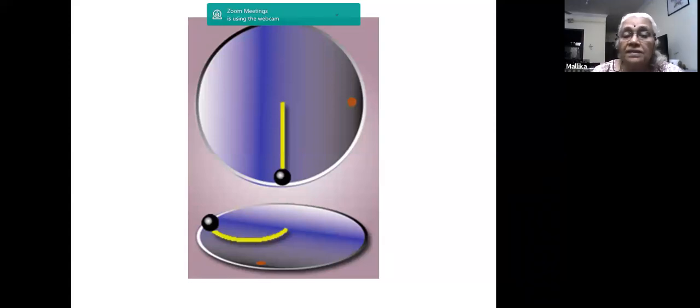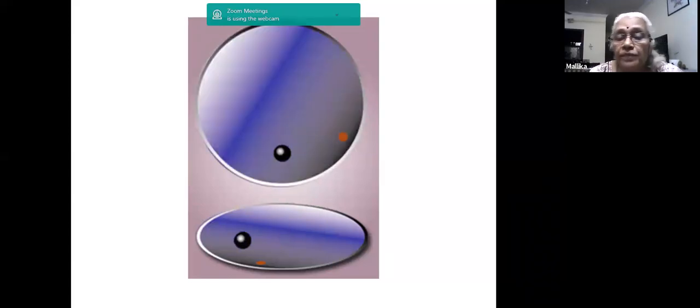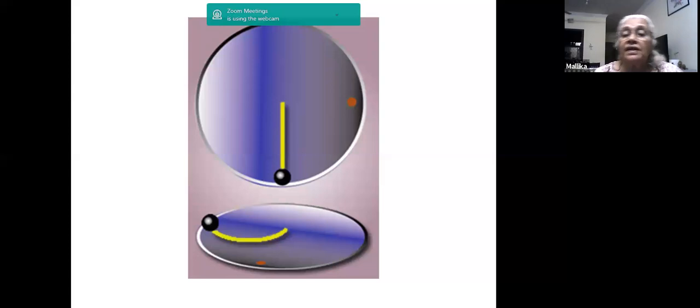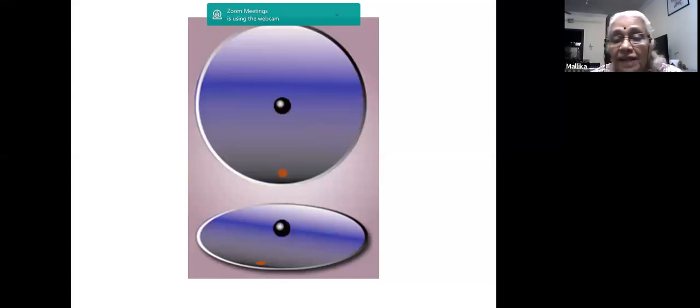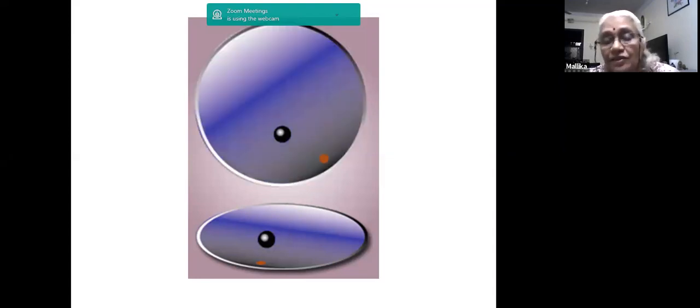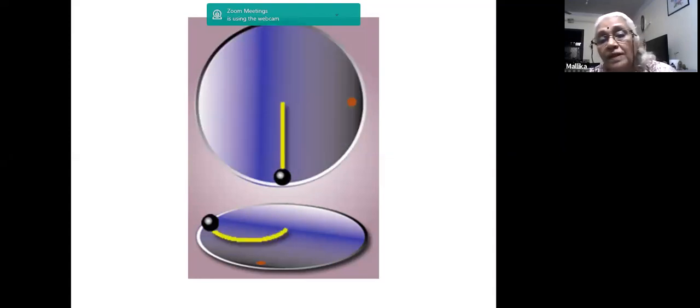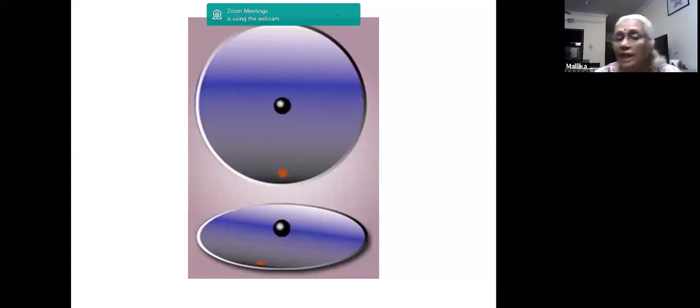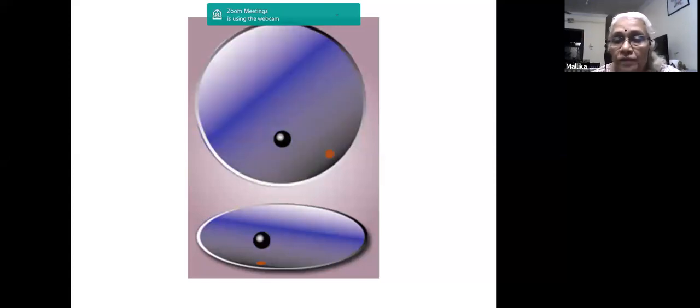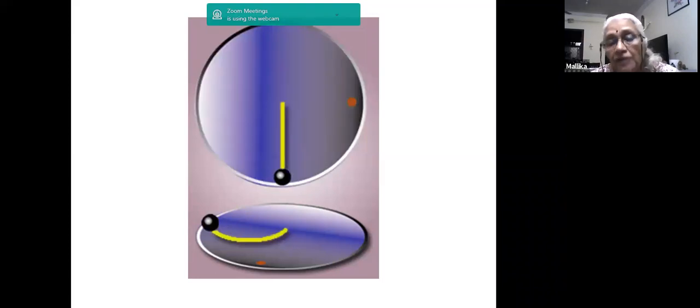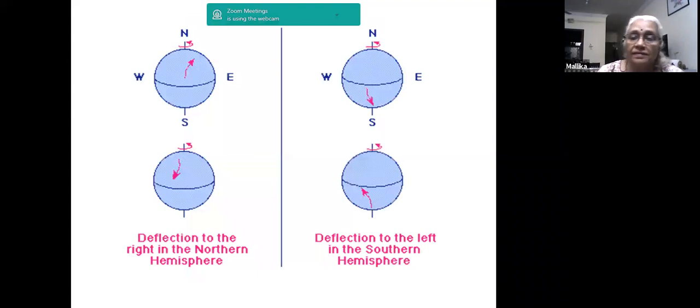So if you see the diagram below, it appears that the wind is deflected, but it is not the wind that is deflected, it is the earth that has rotated. The wind has started off in that direction and it continues to be pulled because the entire zone is a low pressure zone, right? And therefore it continues to move in that direction and appears to come at an angle.